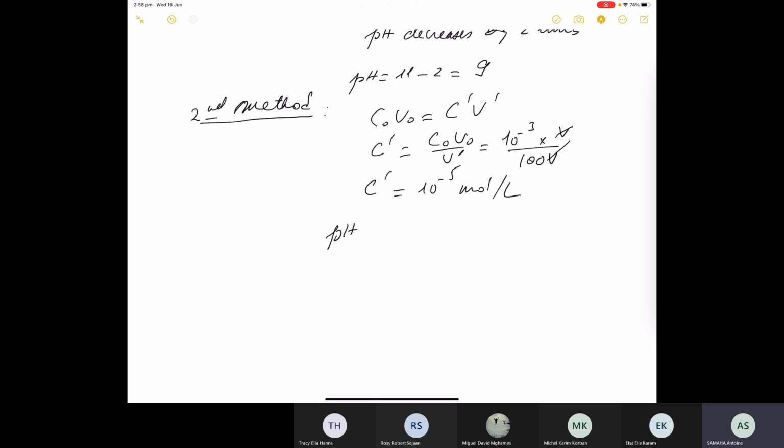The pH equals 14 plus log C prime, which is 14 plus log 10 to the negative 5, so 14 minus 5, pH equal to 9.